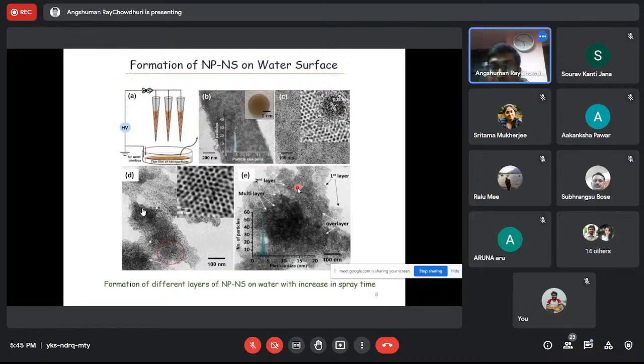If we spray more and more, droplet upon droplet deposition will occur, and there is a possibility of forming 3D crystals. We can use this electrospray as a 3D printer. We can generate 3D crystals of different metals, and they can be applied for many versatile applications.